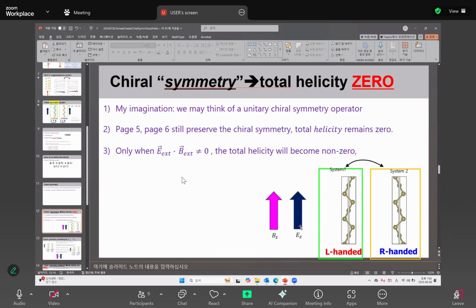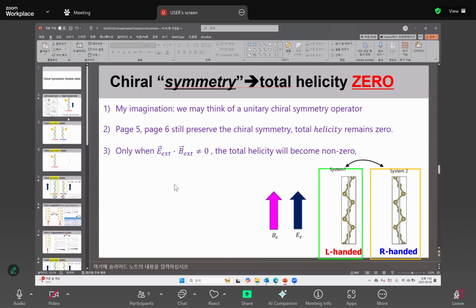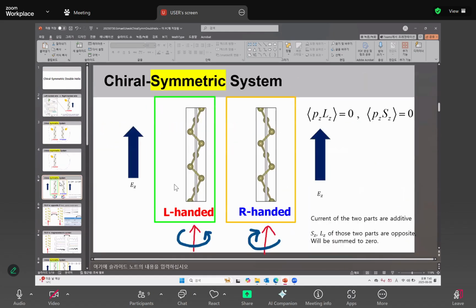Actually, that's not quite correct. Let me try. In our TDDFT code, in the Octopus code, nobody calculates helicity. We should modify our TDDFT code to calculate helicity.